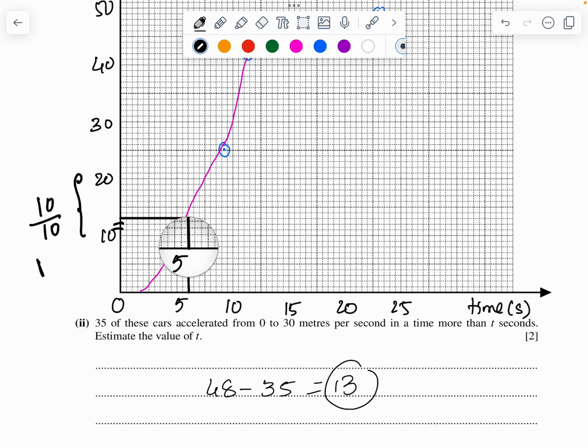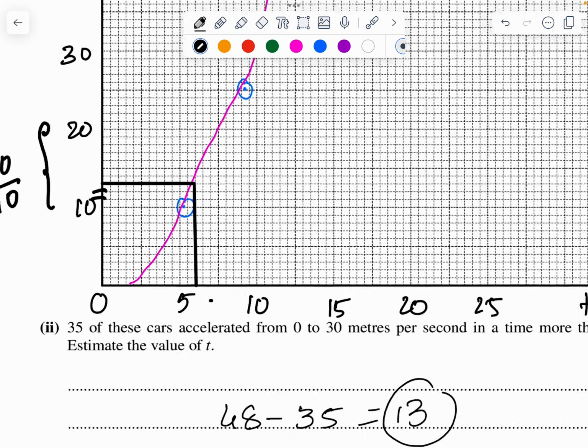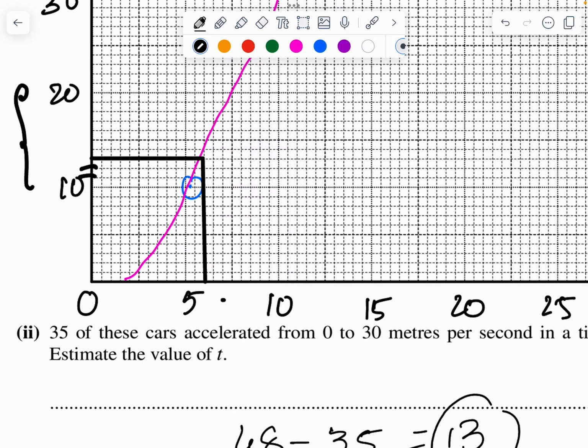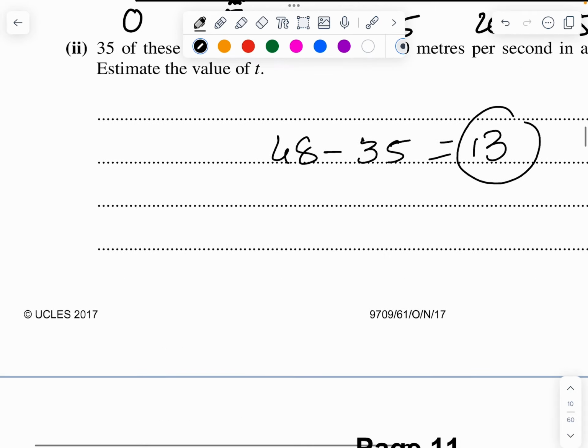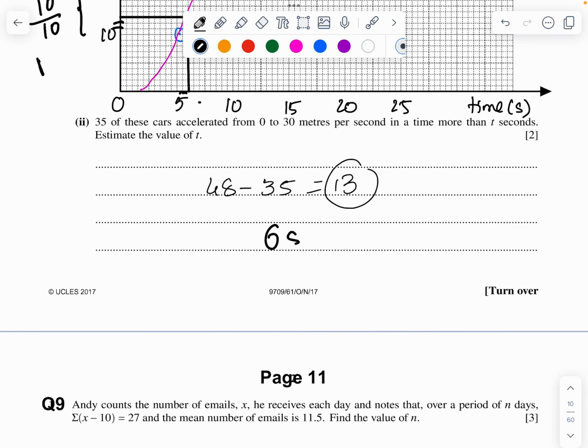How much is each line? 0.5. So this is 5.5 and 6. So the answer is going to be 6 seconds. The mark scheme answer is between 6 and 7. So therefore our answer is okay, fine.